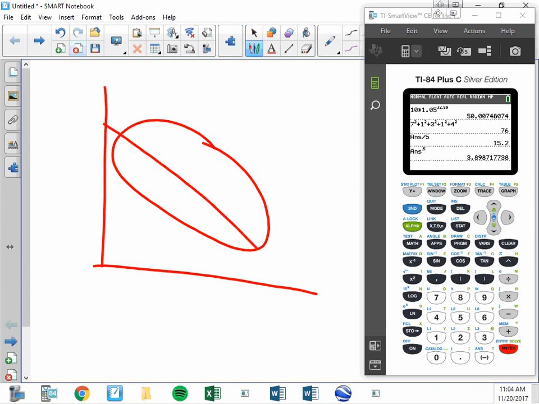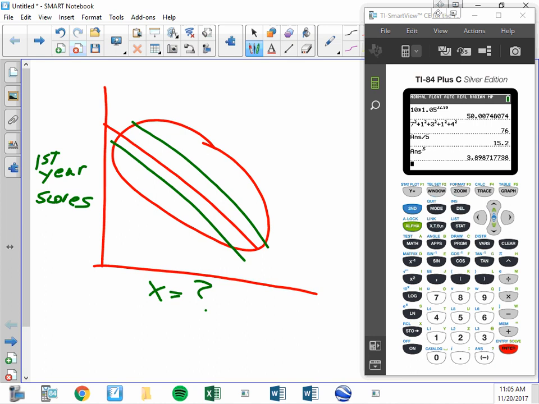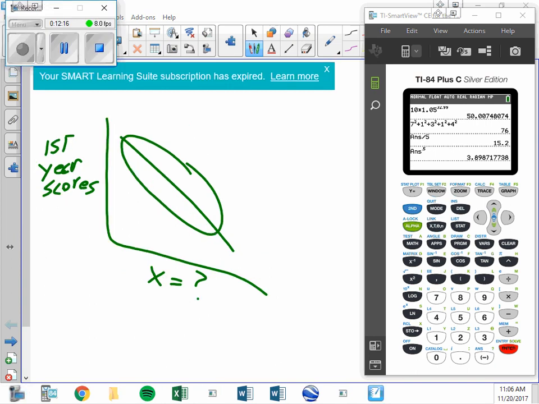So we want to predict two methods of predicting first-year scores. So we're going to have some x value that is going to predict first-year scores. Okay? And one has an RMS error of plus, oh no, I hate it when that happens. So the first one has an RMS error of 7.